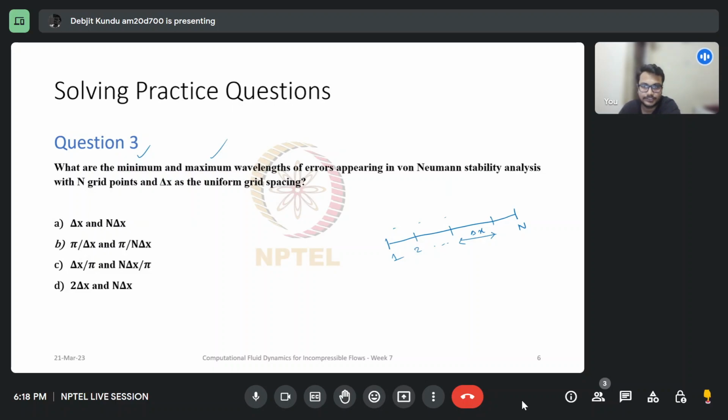Or is it option D, 2 delta x and n delta x? So read the question carefully first. What are the minimum and maximum wavelengths of errors appearing in the von Neumann stability analysis with n grid points and delta x as the uniform grid spacing?